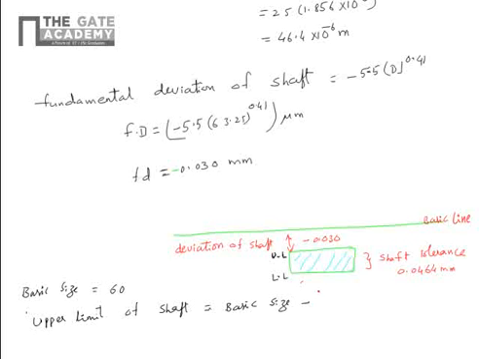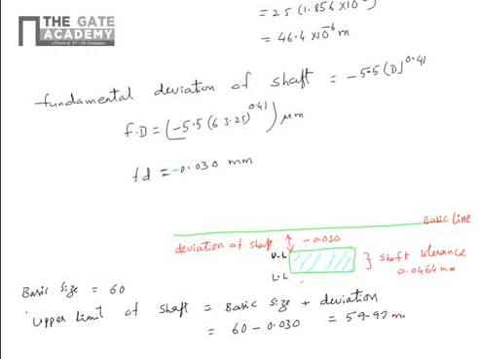If the deviation is positive, it is a plus, otherwise below value has to be negative. So 60 minus 0.030. Don't remember the formula, remember it from the diagram, then only you can solve it. So upper limit is 59.97 mm.